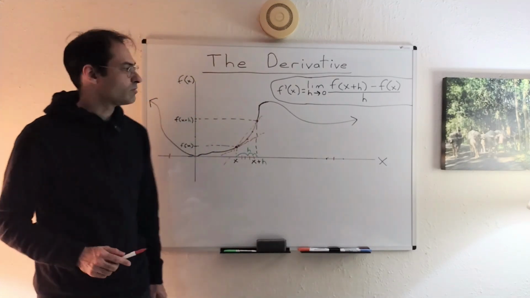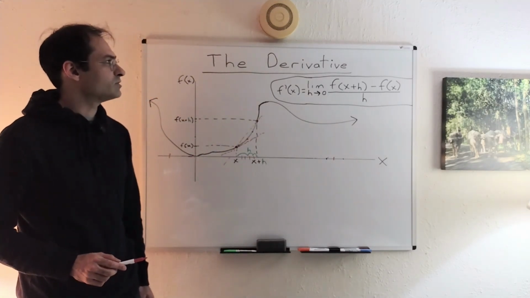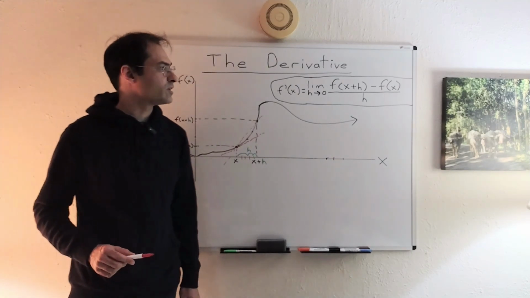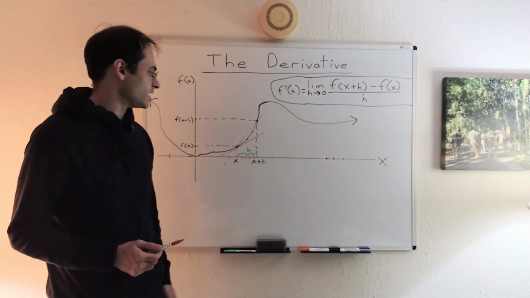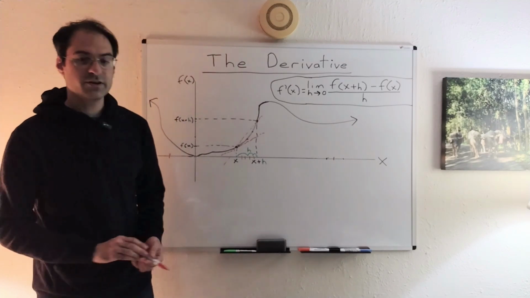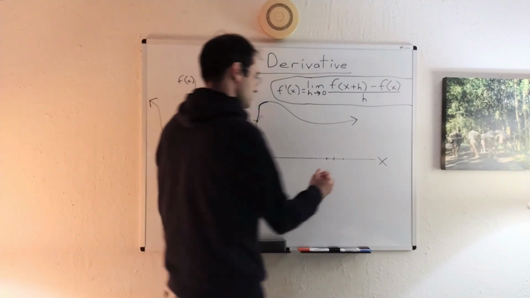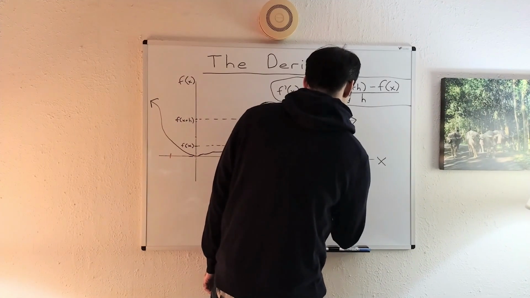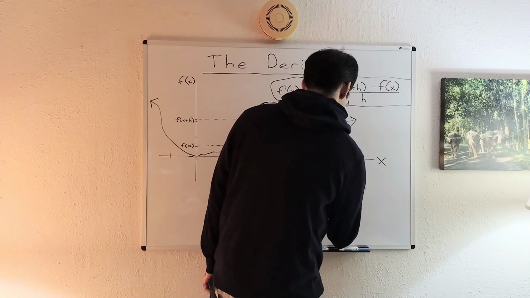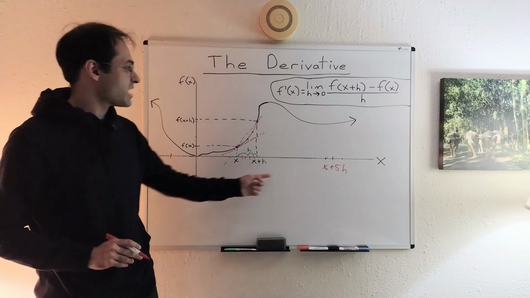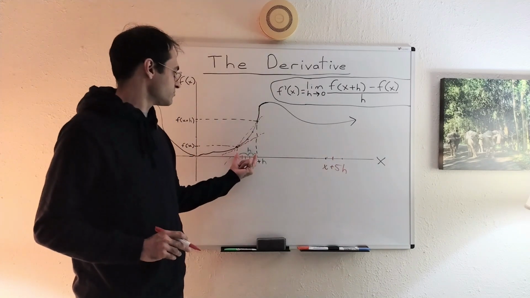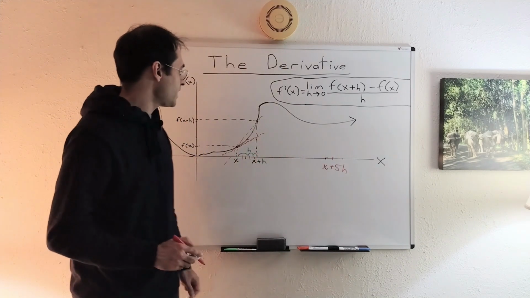Okay, so now let's look at this a little further and realize that this h here is just some value. But we could say, well, what about x plus 5h? Well, that would be at about this point here if we're starting with an h of this value.